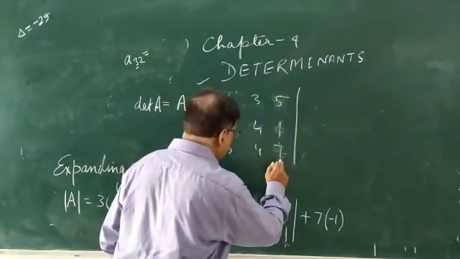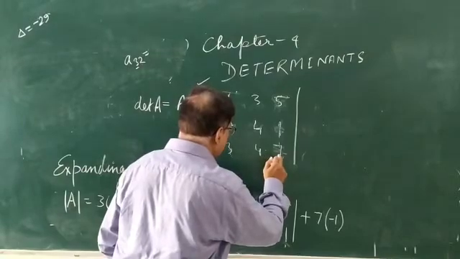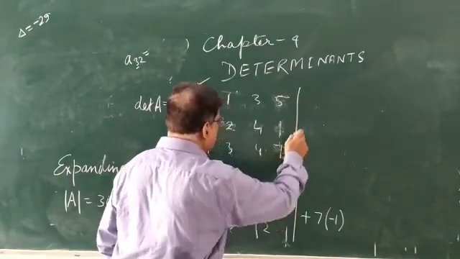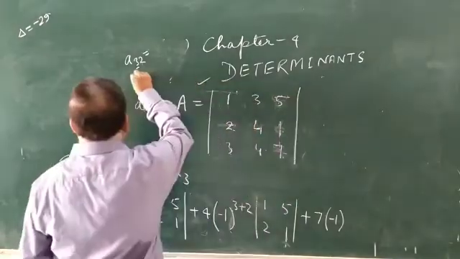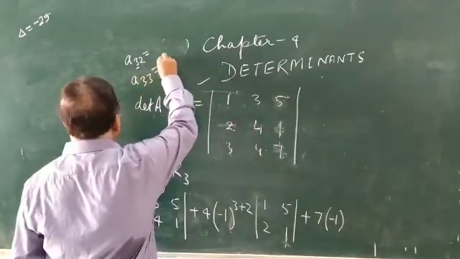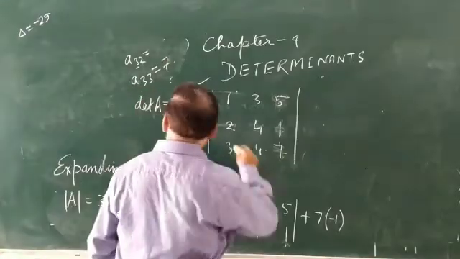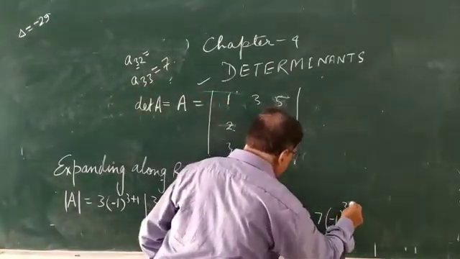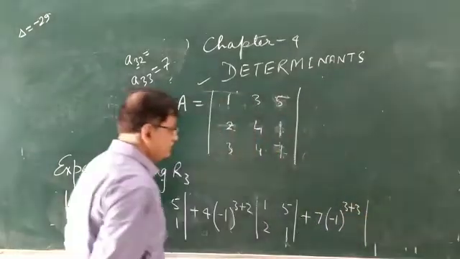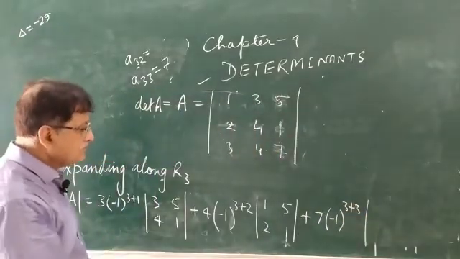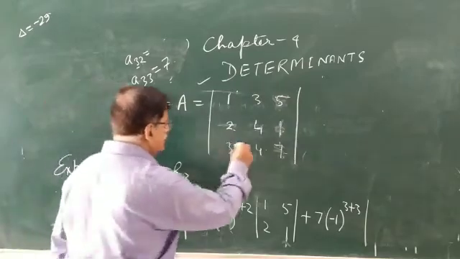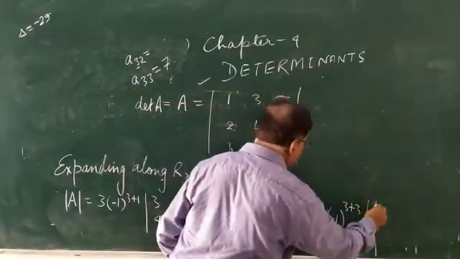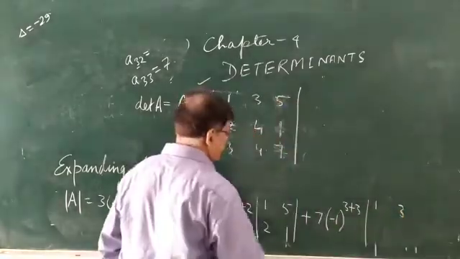The position of 7 is third row and third column, the number of rows 3 and the number of columns 3, so 3 plus 3. Then you consider the 2 by 2 determinant: third row and third column, just hide it. The remaining numbers you consider here: 1, 3, 2, 4.